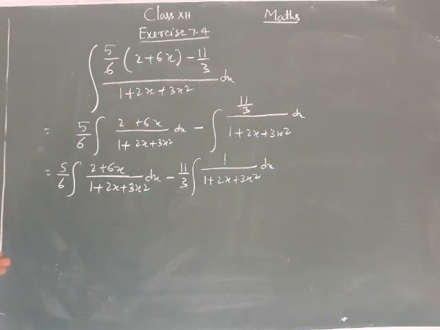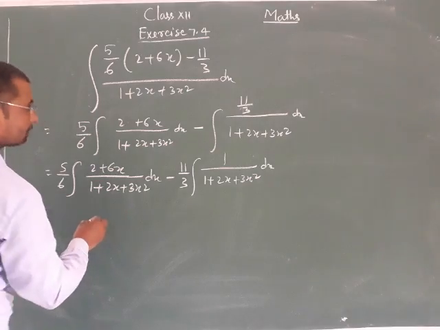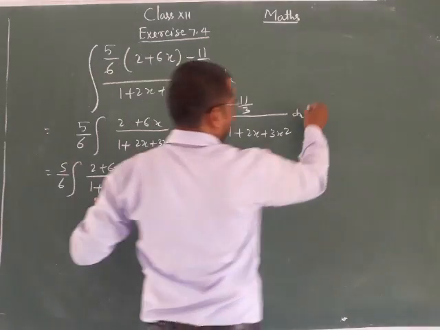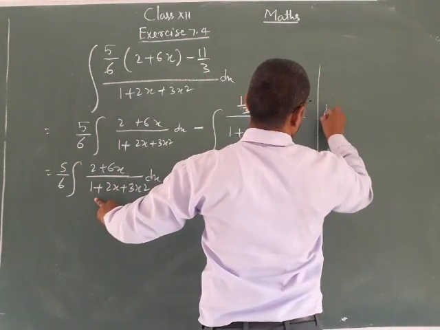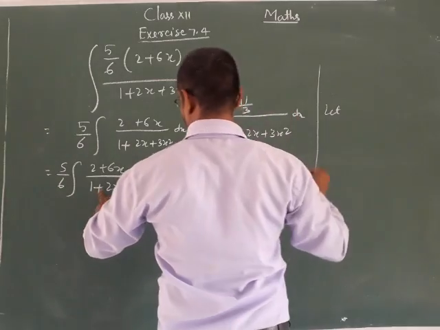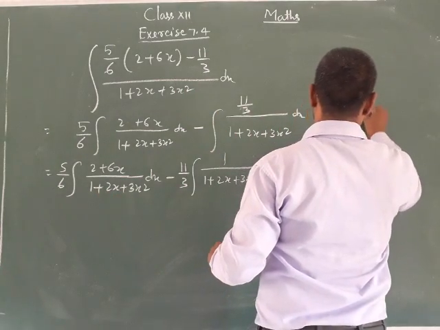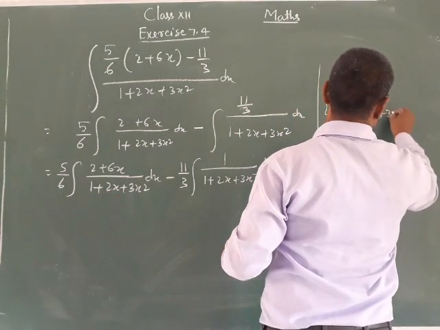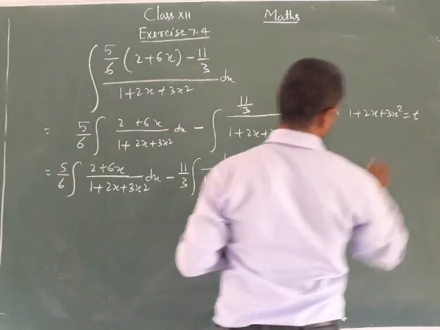So let 1 plus 2x plus 3x square is equal to t.